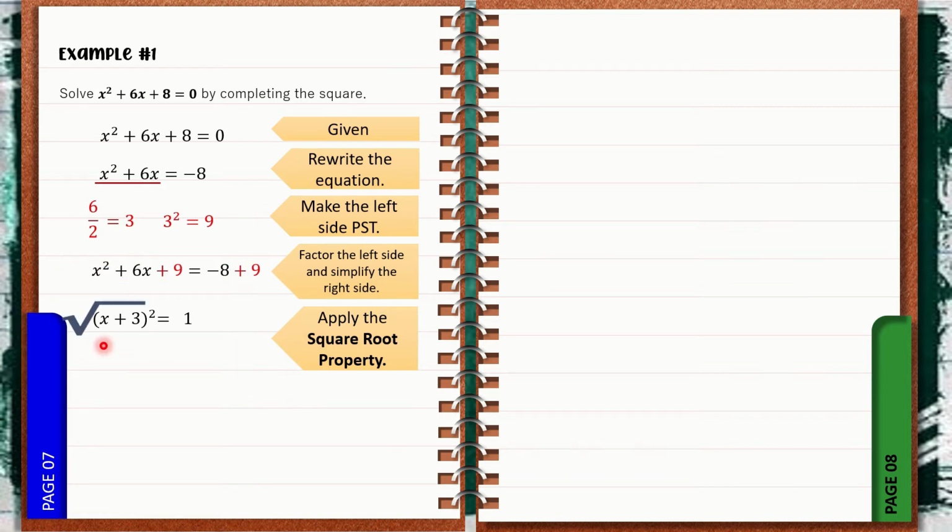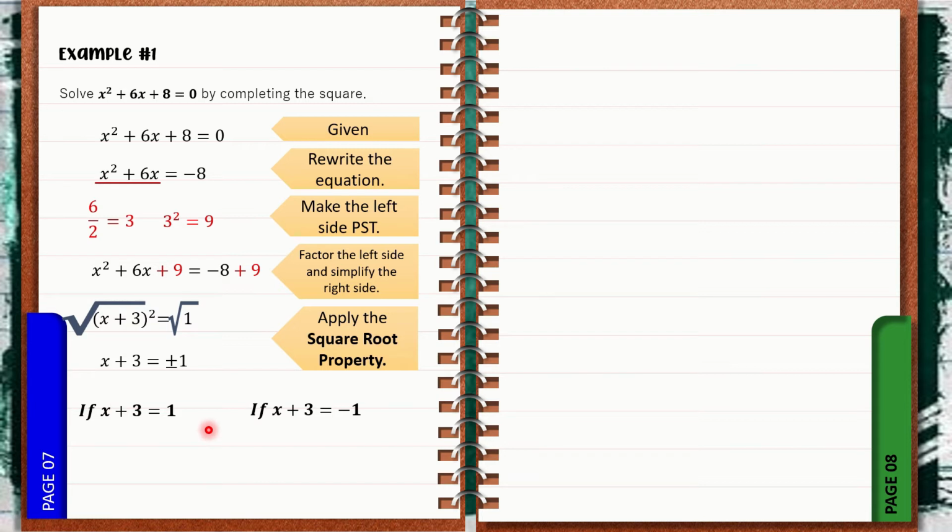If we extract the roots of the square of x plus 3 and 1, I will have x plus 3 is equal to positive or negative 1. So, to get the value of x, we need to have x plus 3 is equal to 1 and x plus 3 is equal to negative 1.